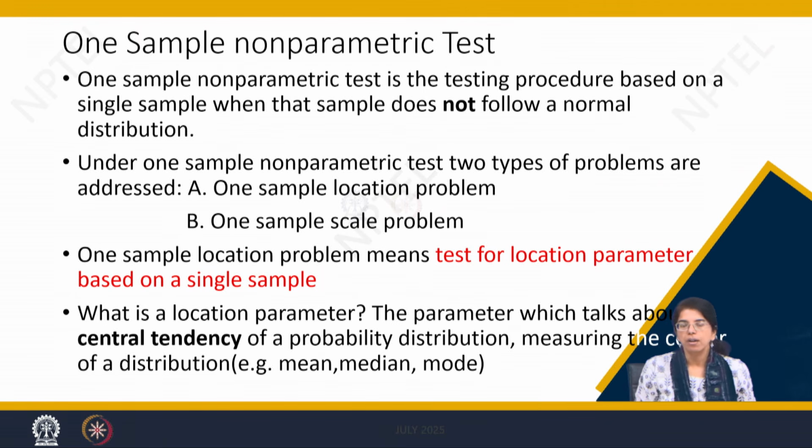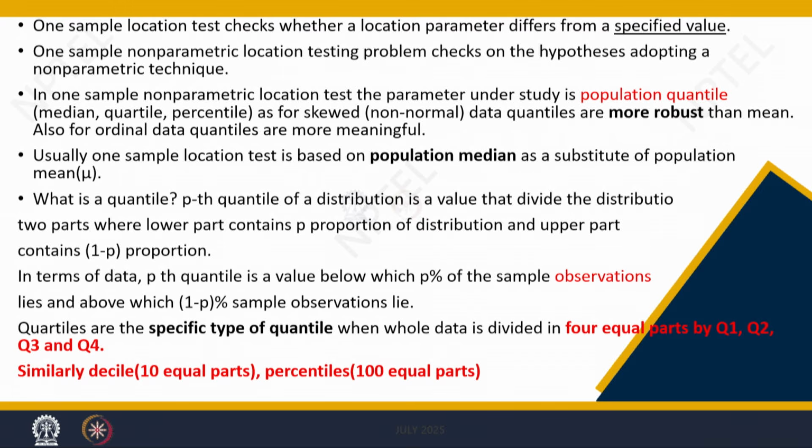Now, as you know, the most widely used location parameters are mean, median, mode, but when you are dealing with the problem from the perspective of non-parametric, then we have to look for a rank based measure. What is the rank based measure here? Of course, median. Okay. So, now we are beginning the one sample location problem.